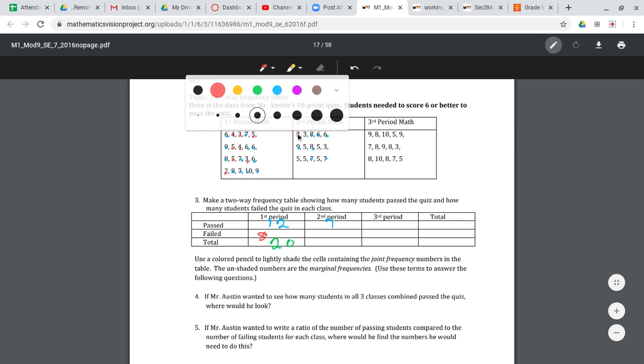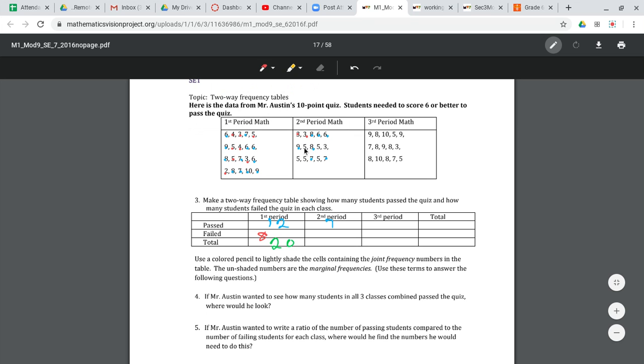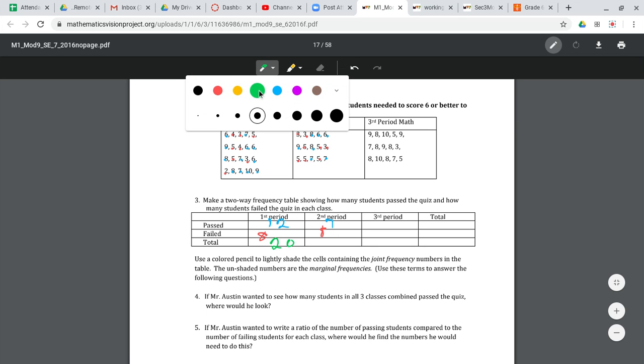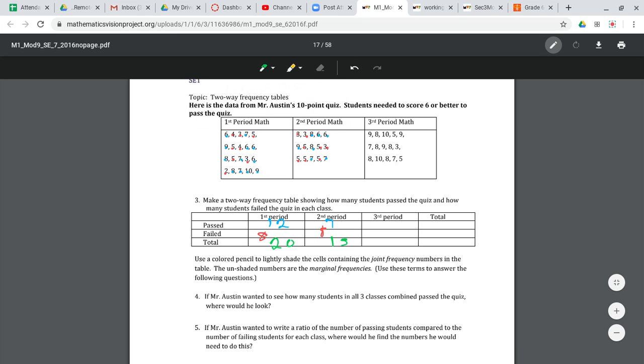And we had 1, 2, 3, 4, 5, 6, 7, 8 that did not pass. That's supposed to be an 8. Hang on. 8 that did not pass. So 7 plus 8 gives us 15. So we had 15 students total in second period.